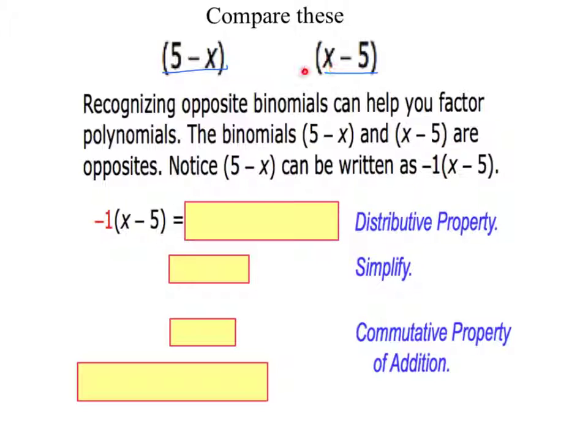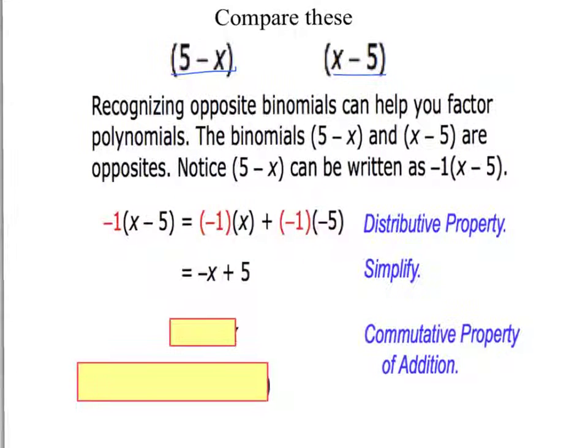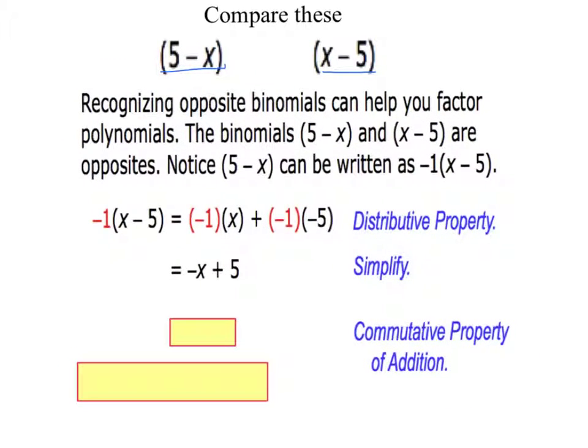I'm going to show you that if we took this right here, I'm going to put a negative 1 out there, and we're going to distribute that negative 1 inside. Let's see what happens. So I'm going to get a negative x plus 5.